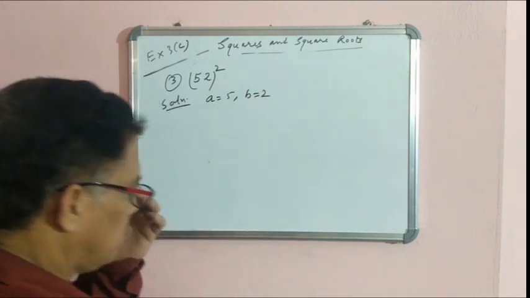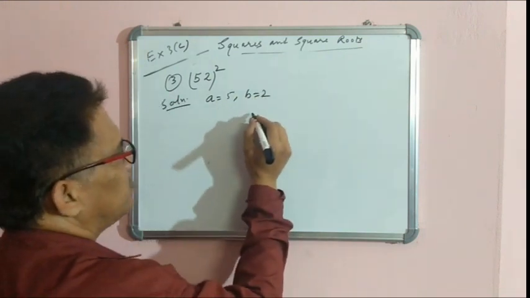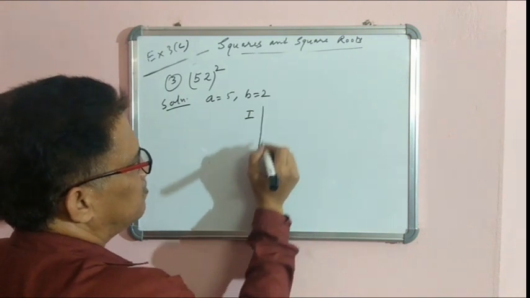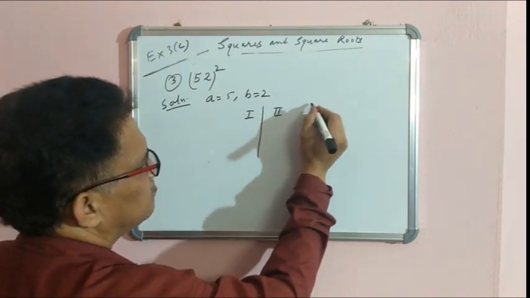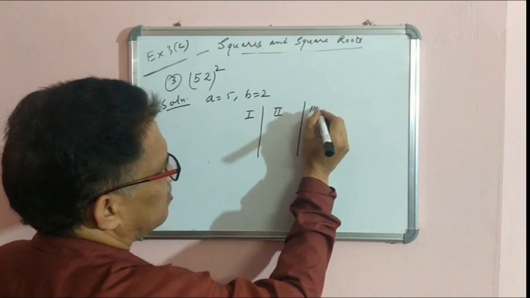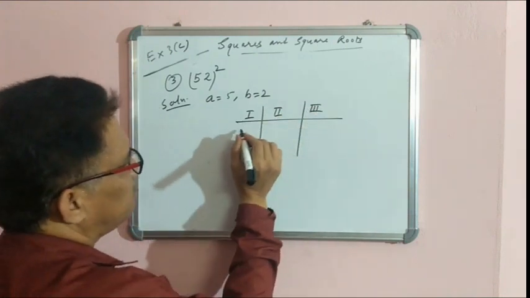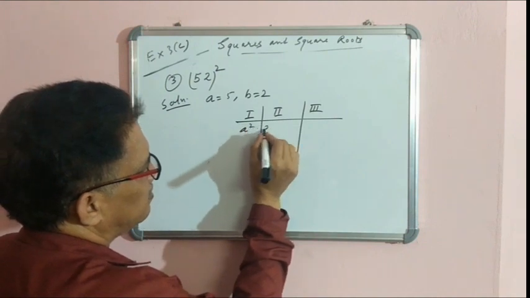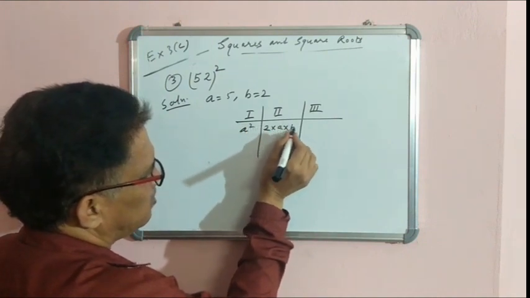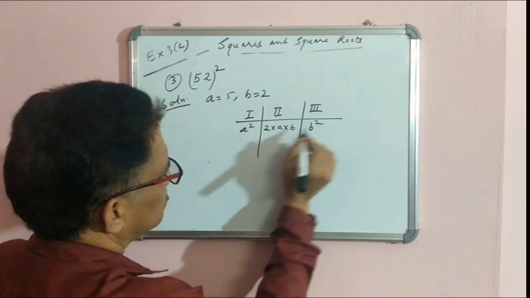Again we will make 3 columns: first column, second, third. Here we have to write A square, here 2 into A into B, then here B square.